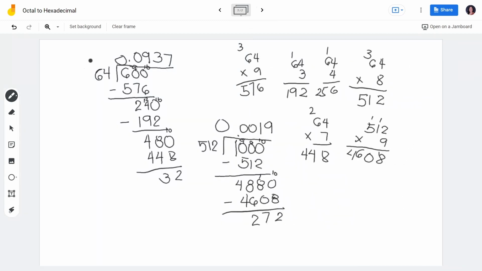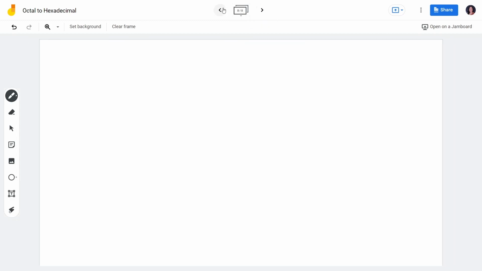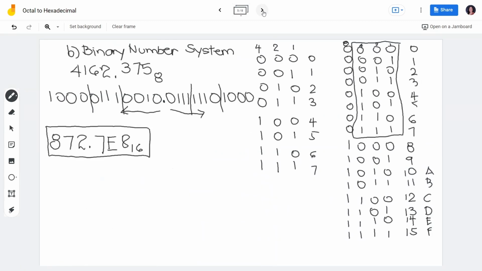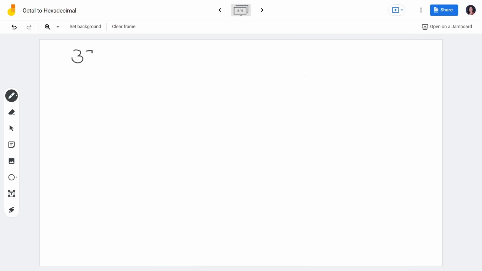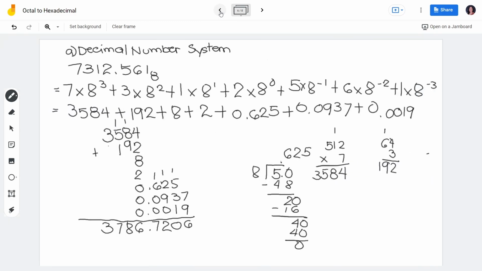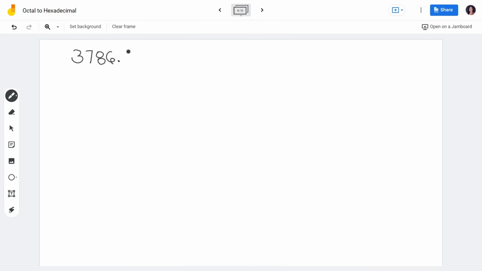So let's copy. So again, 3786.7206. Let's deal with the integer part first. 3786 divided by 16.